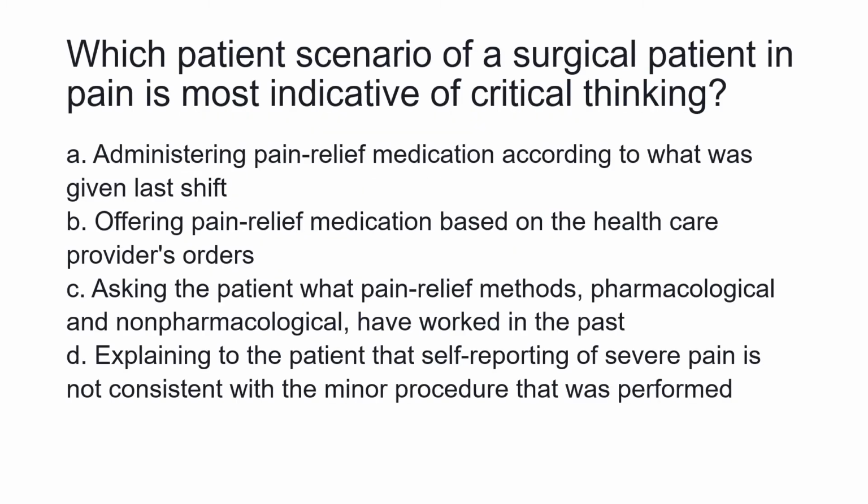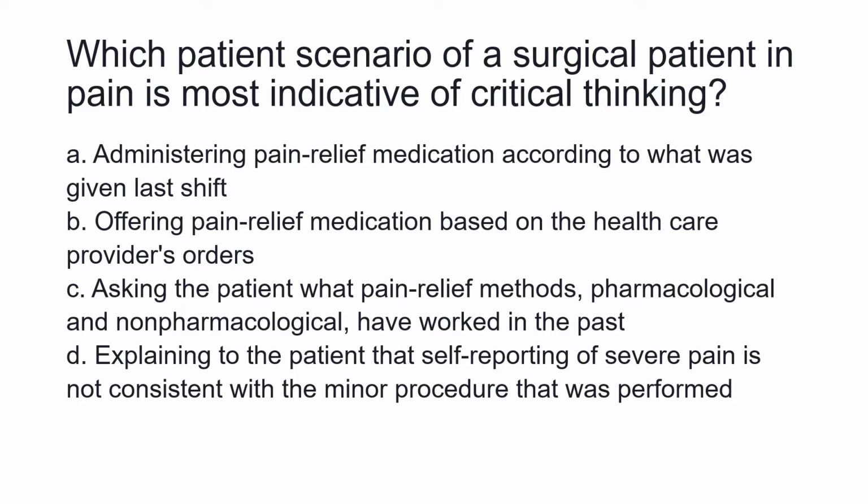Which patient scenario of a surgical patient in pain is most indicative of critical thinking? A. Administering pain relief medication according to what was given last shift. B. Offering pain relief medication based on the health care provider's orders. C. Asking the patient what pain relief methods, pharmacological and non-pharmacological, have worked in the past.